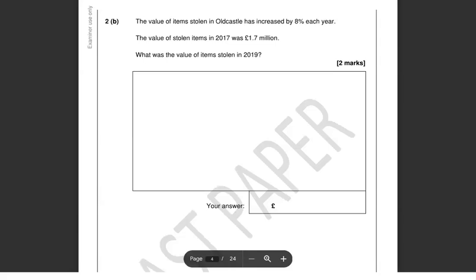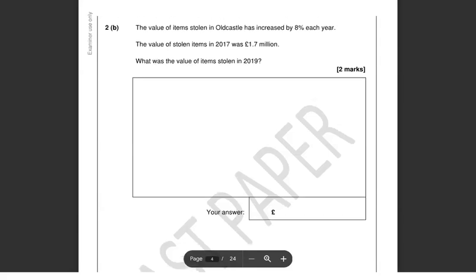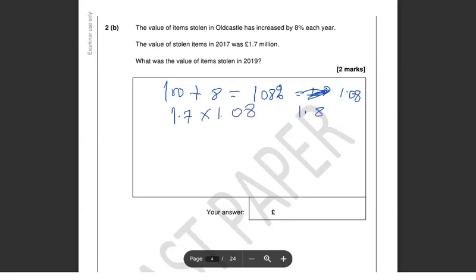So 100 percent plus the increase gives a multiplier of 1.08. Then 1.7 times 1.08 equals 1.836.